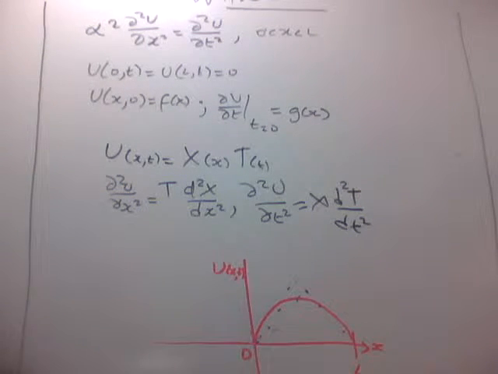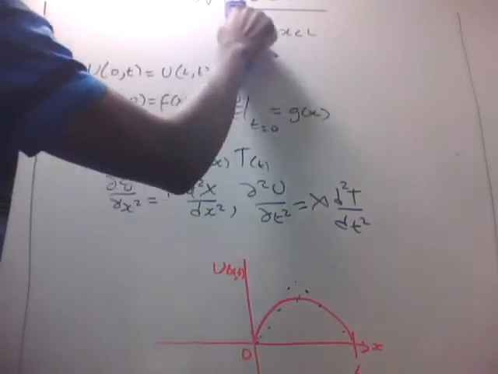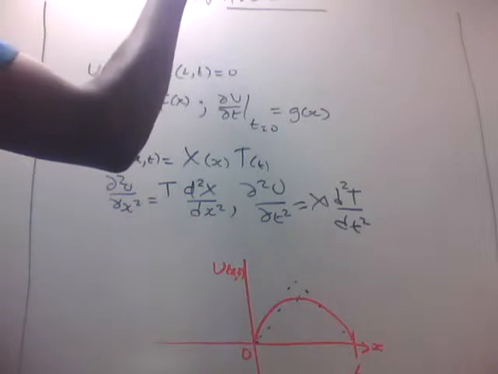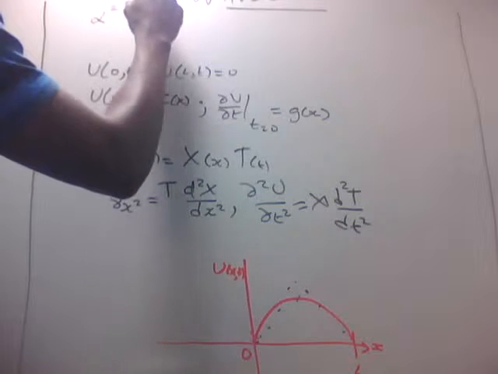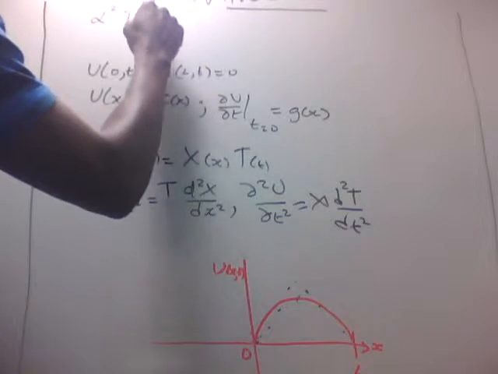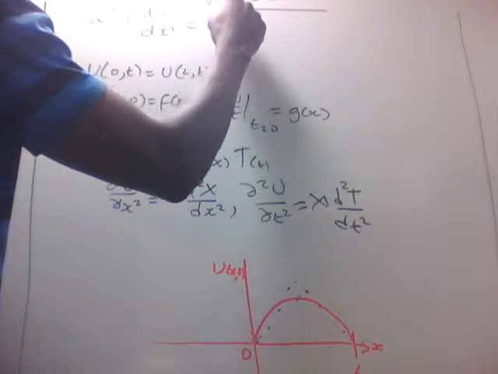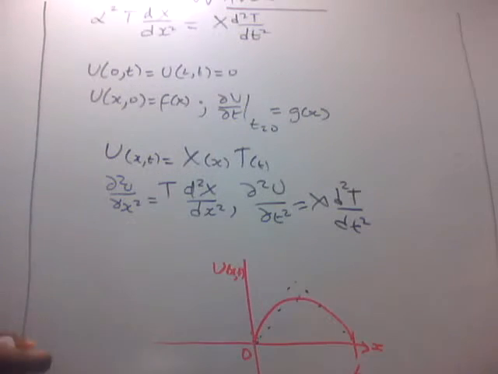If I use those substitutions, I have that alpha squared T d squared X dx squared equals X d squared T dt squared.